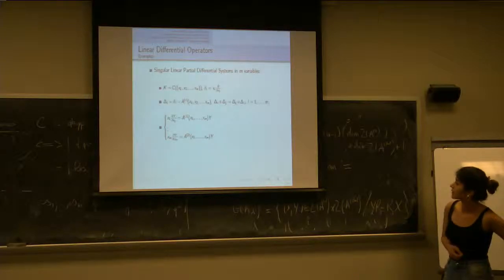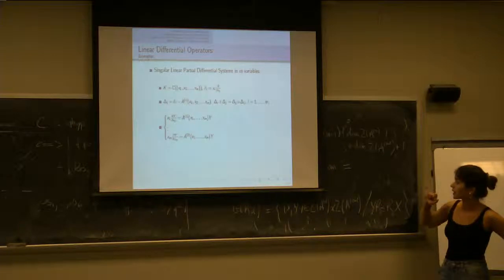Another system I am interested in is the singular linear partial differential system in m variables, or the completely integrable Pfaffian system with normal crossings. Here we have m variables, so it is a multivariate field, and we have a set of operators delta i, delta j, which commute pairwise. So in other words, we can rewrite the system as you can see below.